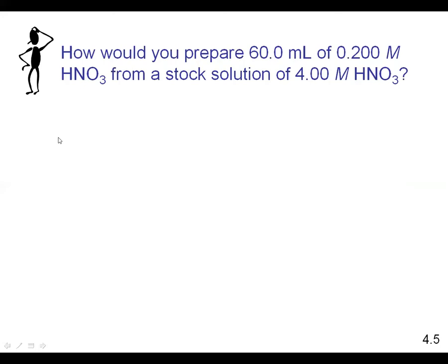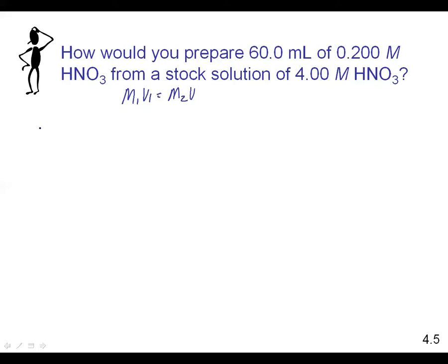All right, so let's take a look. We're preparing a 60 milliliter solution that's 0.2 molar of nitric acid from a stock solution that's 4 molar nitric acid. Obviously, there's no type of reaction, we're just doing a dilution. So that should make you think of the dilution equation.